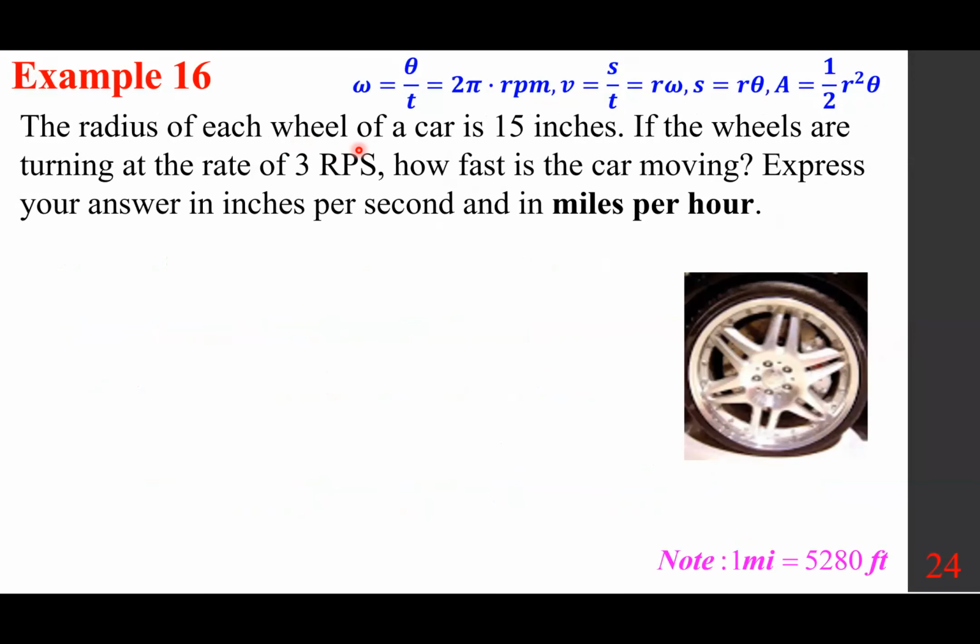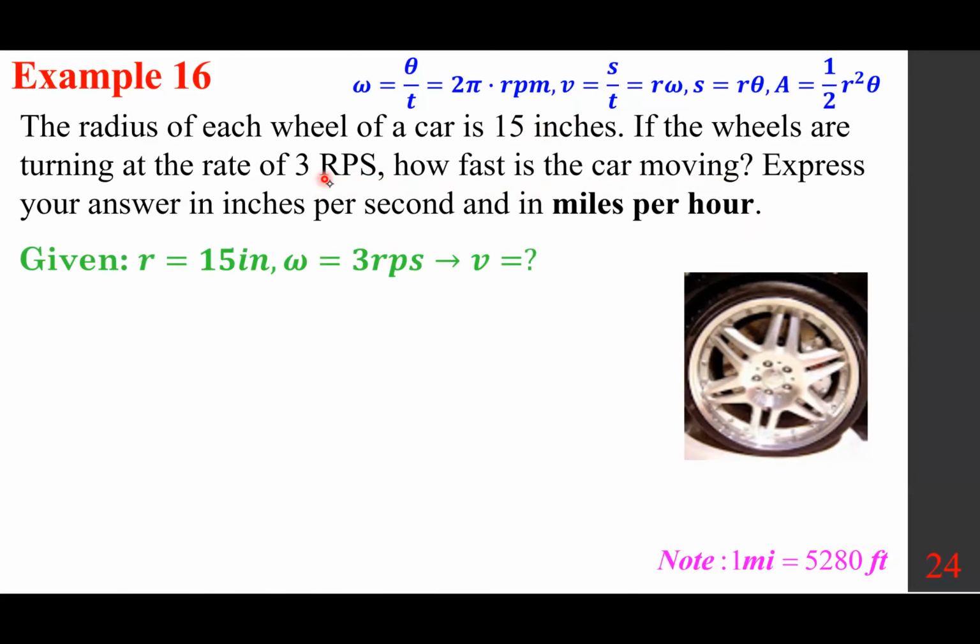The radius of each wheel of a car is 15 inches. If the wheels are turning at a rate of 3 RPS, revolutions per second, how fast is the car moving? We want mph, miles per hour. So the radius is 15 inches, omega is 3 RPS, and V is missing.